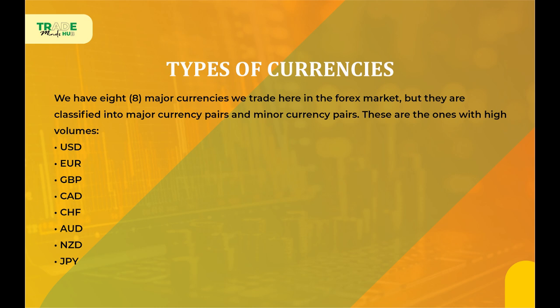Number 5 is the Swiss franc. Number 6 is the Australian dollar. Number 7 is the New Zealand dollar. Number 8 is the Japanese yen. So these 8 currencies are what we focus on first.